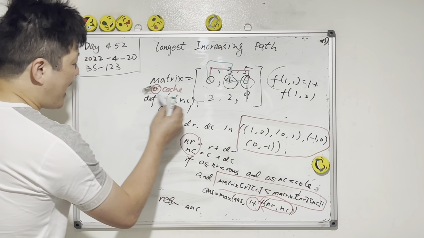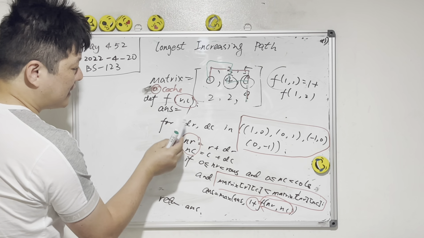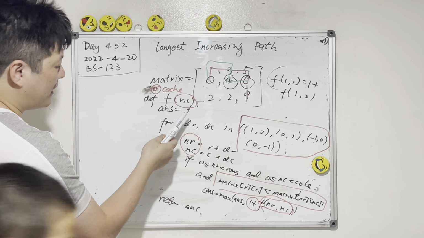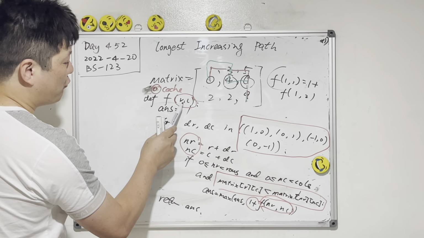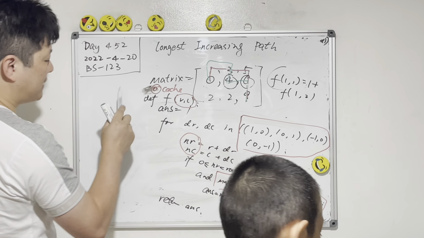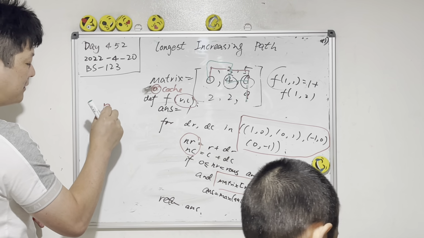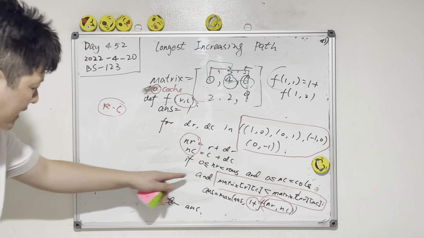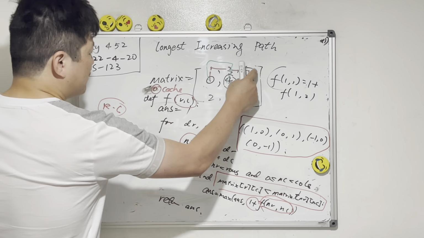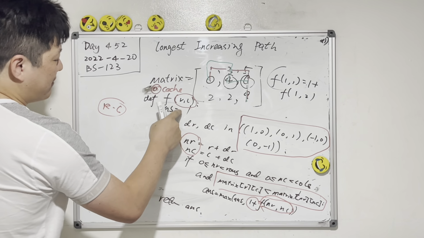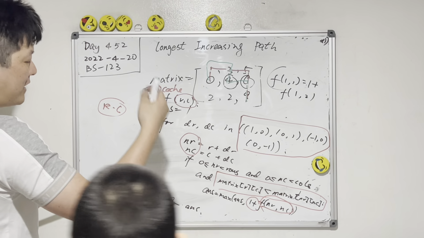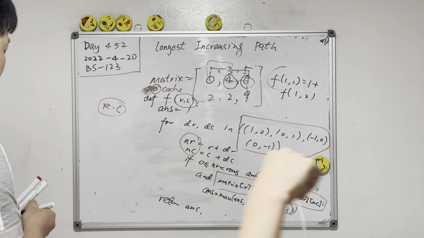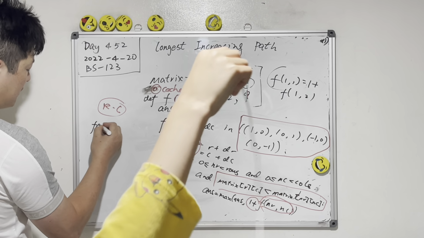So if we put a cache, then it means what? The maximum number of states we're calculating is R times C. This is the number of states we are calculating. We iterate over each pixel, and we try to calculate the length of the longest path starting from it. What's the time complexity?